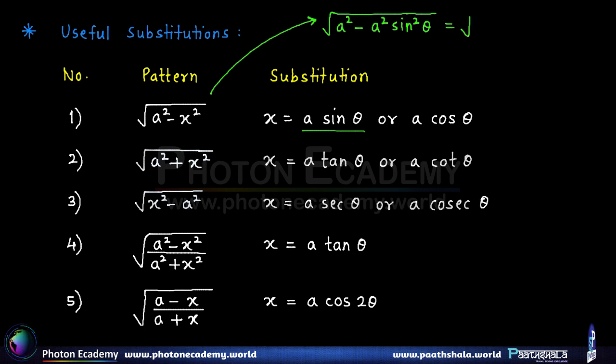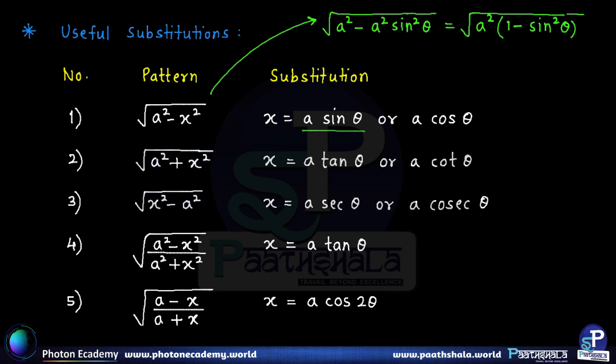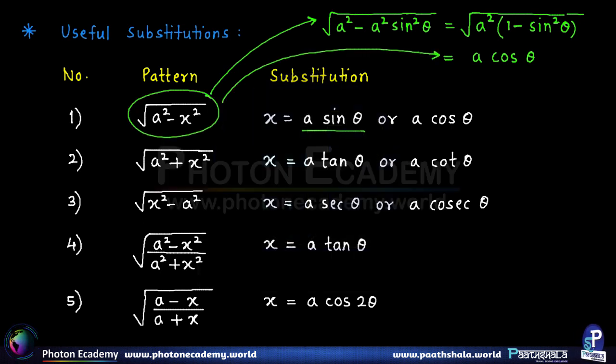Taking a square common, we have 1 minus sine square theta. And we know that 1 minus sine square theta is cos square theta. So we have square root of a square cos square theta, which is nothing but simply a cos theta. So you see, a complicated looking expression gets simplified to a very simple expression which we can easily differentiate.